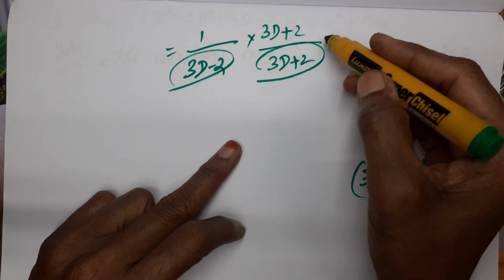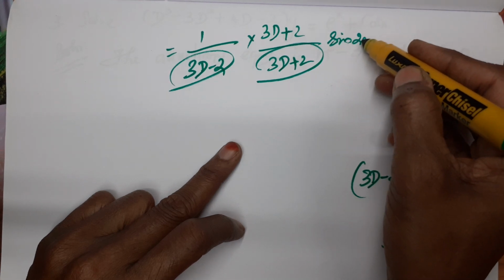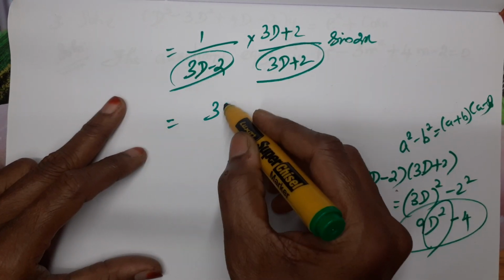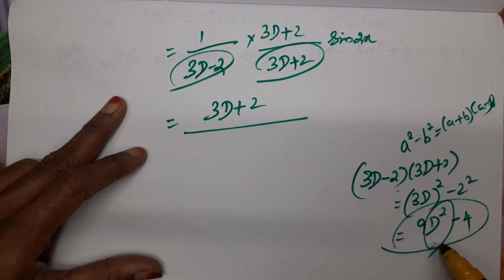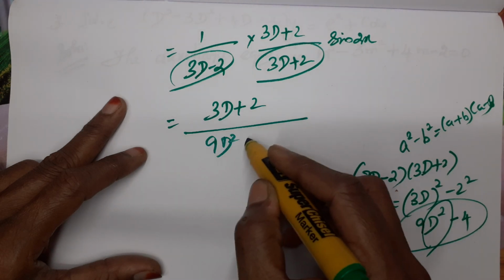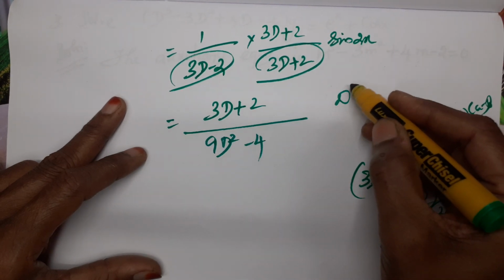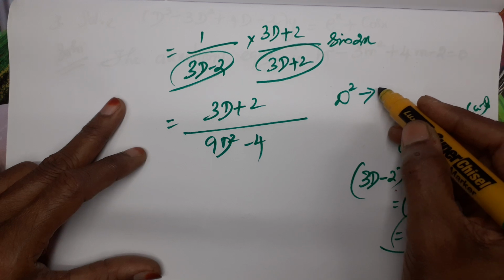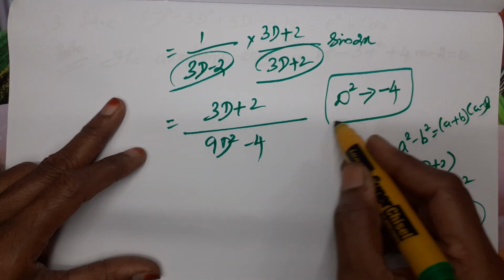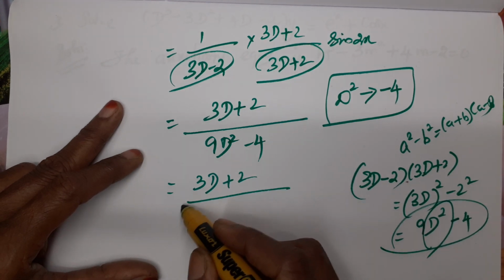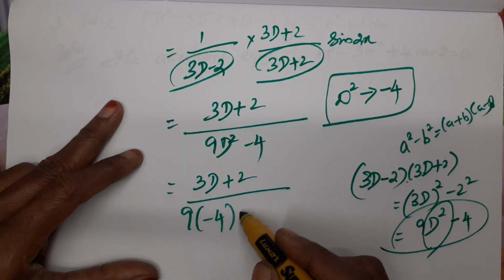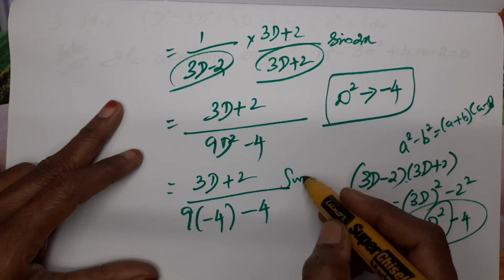Is it clear? So sin 2x is equal to, in the numerator no change; in the denominator we combined using the formula a² minus b², and we got 9D² minus 4. What is the replacement for D²? D² can be replaced by minus 4. So which is equal to (3D plus 2) by (9 into minus 4) into sin 2x.